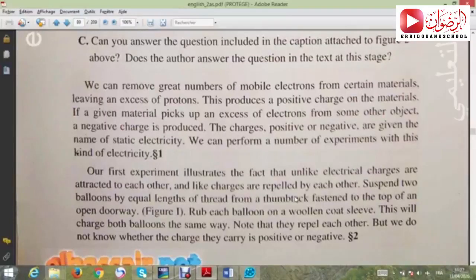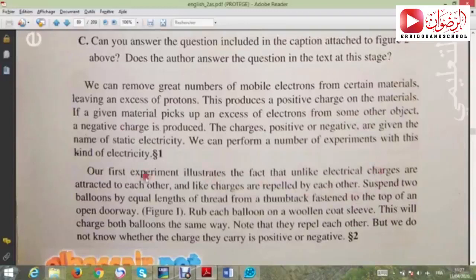And like charges are repelled by each other. If we have two positive, they go away. If we have two negative, they go away. Just if they are positive and negative, they attract each other. Plus, minus attract each other.